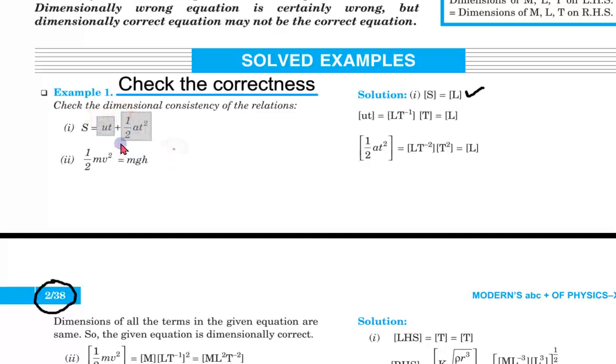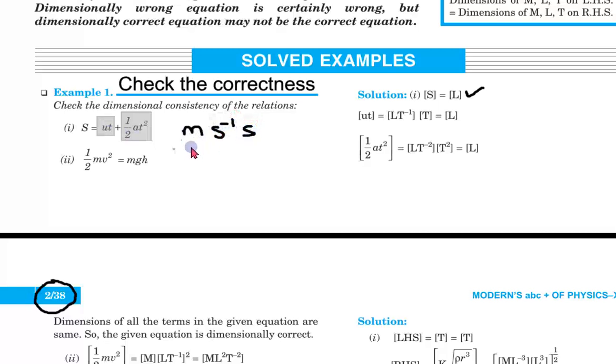If I've said the same unit can be added, that means this ut and half at square will have the same unit. So u is velocity, initial velocity. Velocity is measured in meter per second, and time is measured in second.